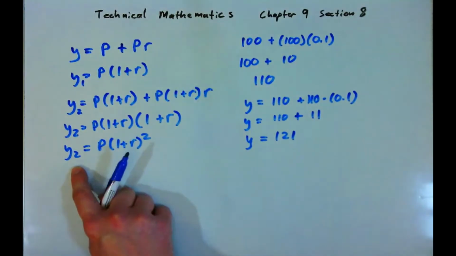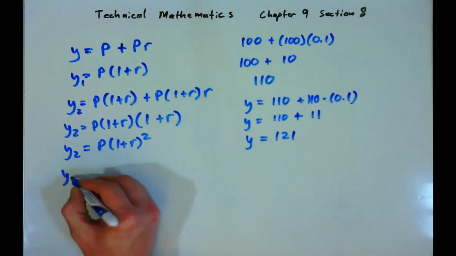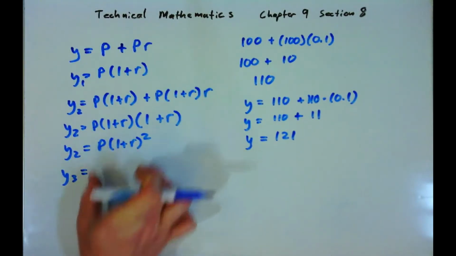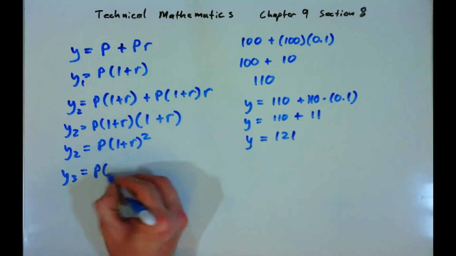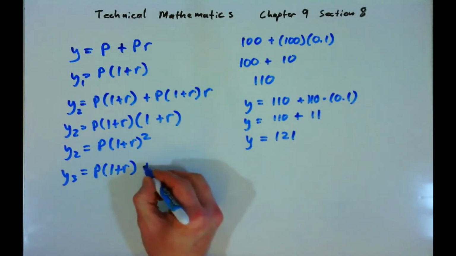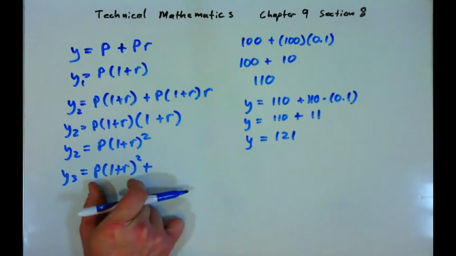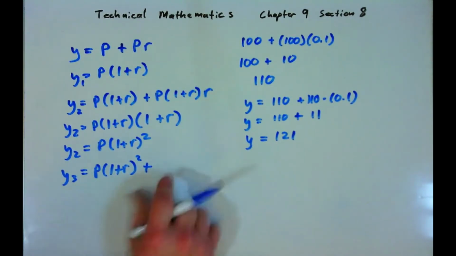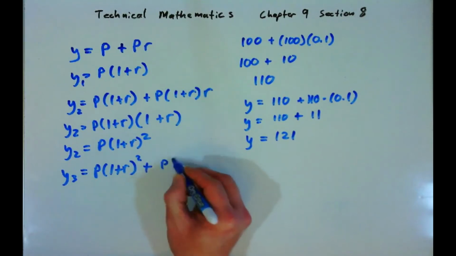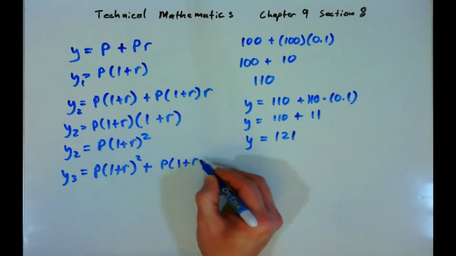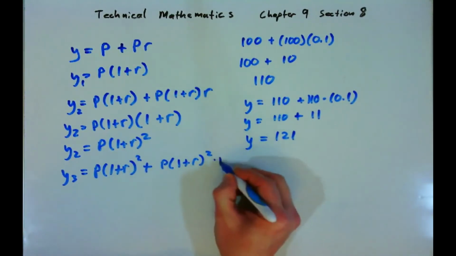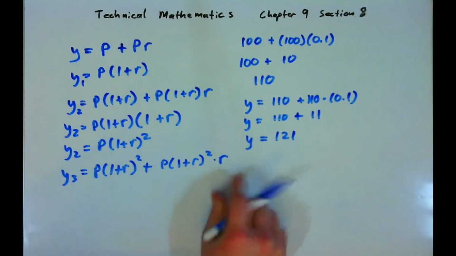And the same type of thing will happen if we look at the third year. You'll have your original amount at the beginning of the third year. You have P times 1 plus R squared. Right, that's the amount you start the third year with. Plus, at the end of the third year, they will give you P times 1 plus R squared, your original amount you started the year with, times R, right, the new interest rate.